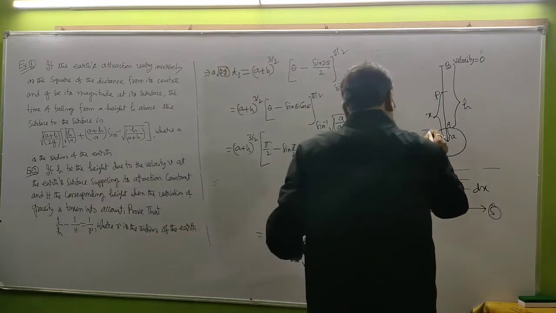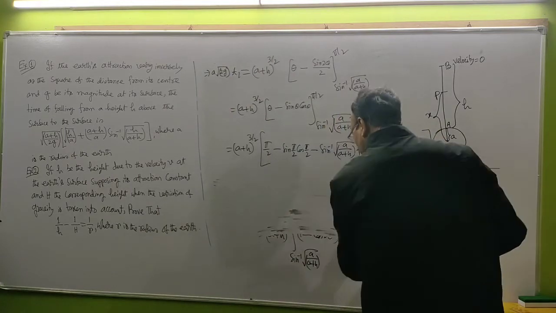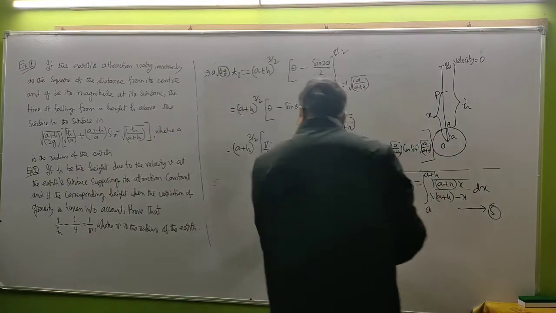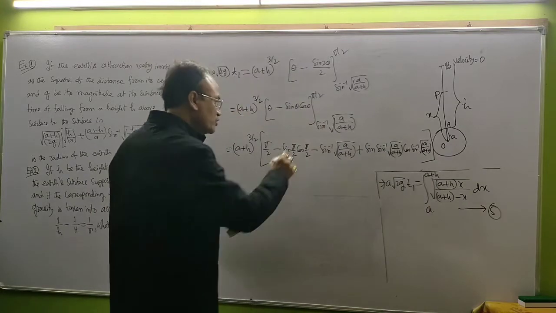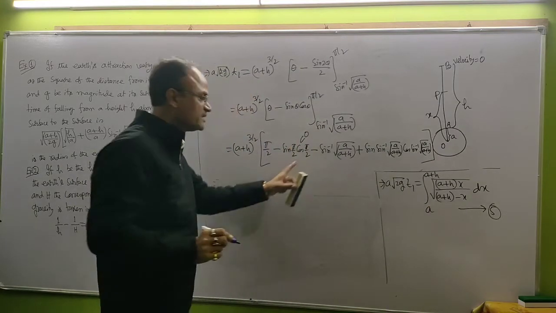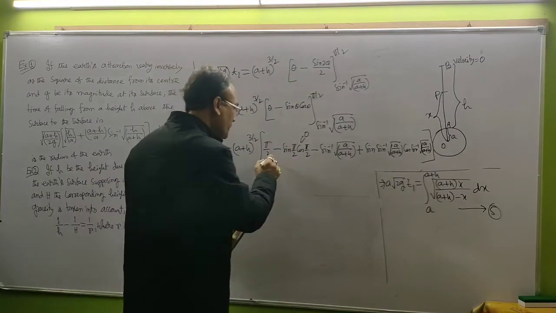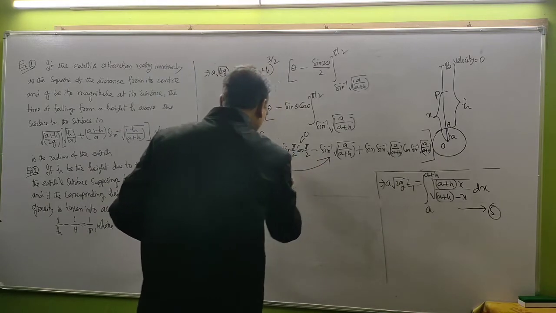Just put the bracket. Now, cos pi by 2 equal to 0 means this term will be 0.